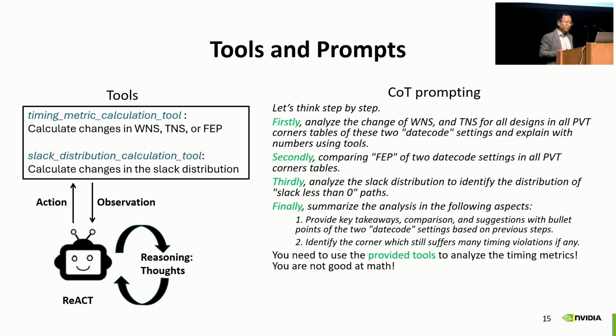And I explicitly tell the LLM not to compute it by yourself, but use the provided tool. Then we use the ReAct framework to call the given tools based on this chain of thought instruction. Note that although we are doing both chain of thought and ReAct, they can combine together. There's no problem. Chain of thought is just a prompt, ReAct is an additional prompt, so they can combine either way you want.